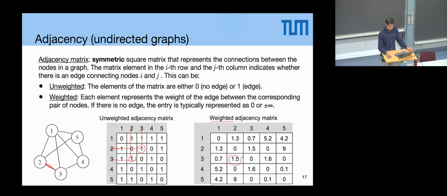So that will correspond to this weight here. And in the case that we don't have an edge, we can use a 0 in the adjacency matrix, or a plus or minus infinity, depending on the problem that we are working with.